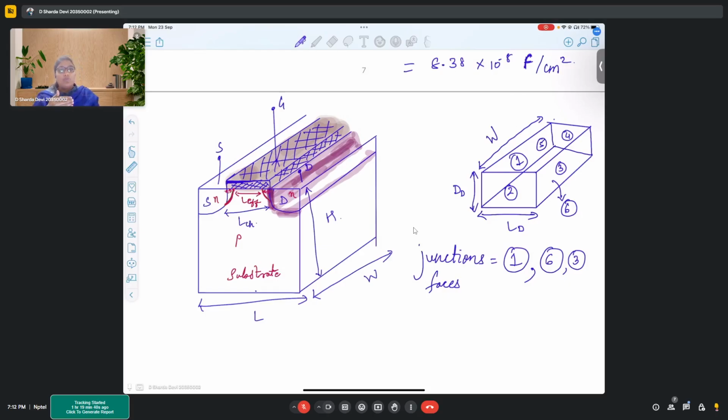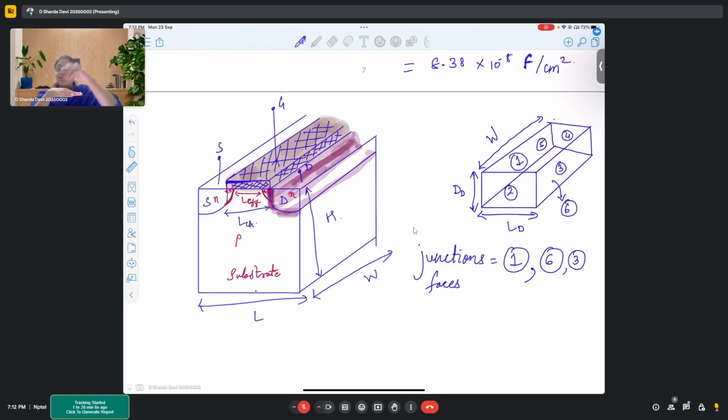Now, this particular transistor is doped in between. So the doping is all in between. That brings us to the only face which will not have any doping, the top face, because from there you will extract the contact.